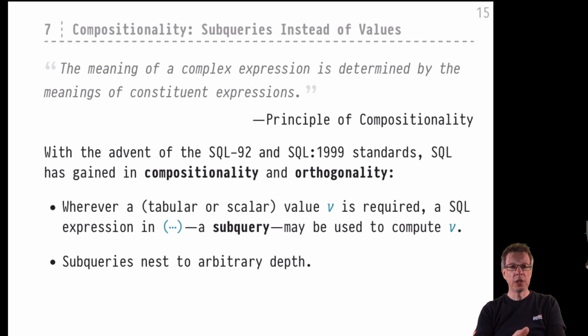With SQL 92, and in particular the SQL 99 standards, SQL has gained compositionality. So this big idea now applies to SQL in a way that makes it feasible to really write complex, large queries, and we will try to do that and exploit that in this particular course.